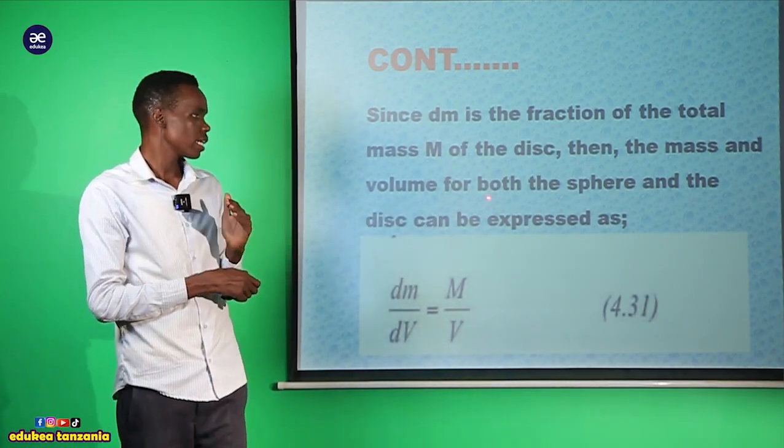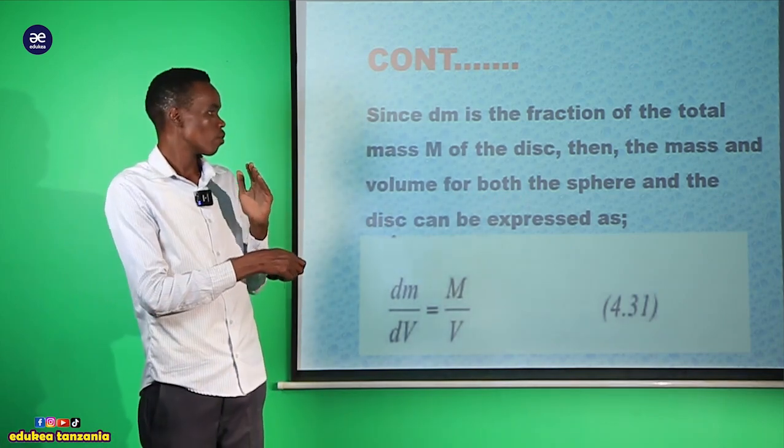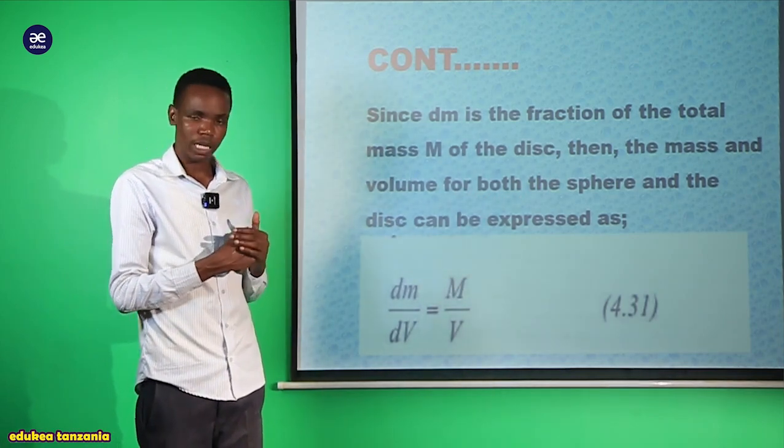So the mass and the volume for both the sphere and the disk can be expressed by this.